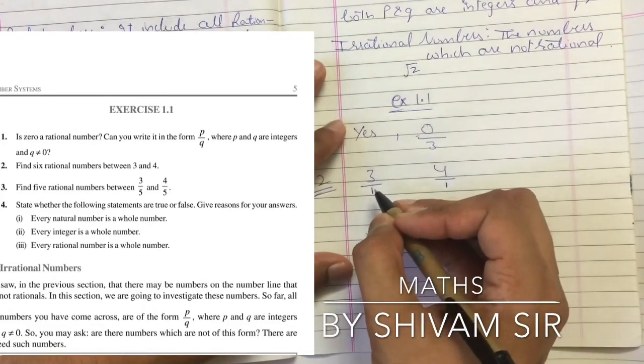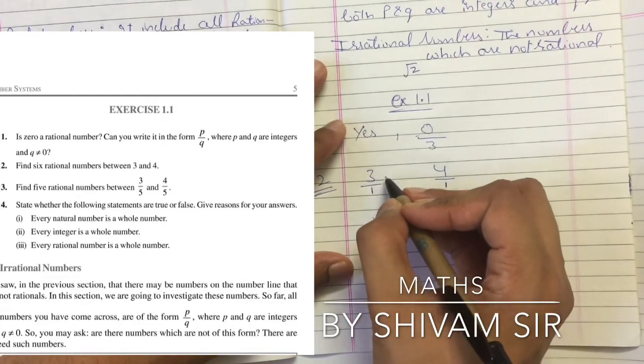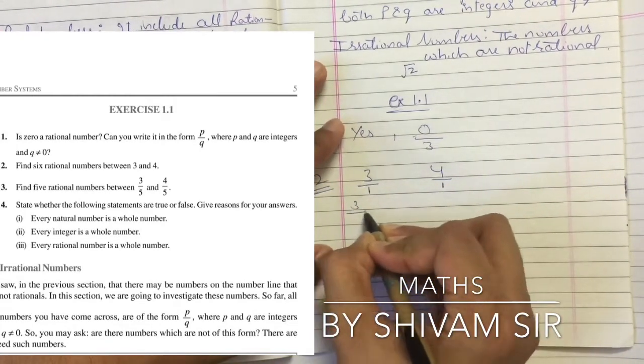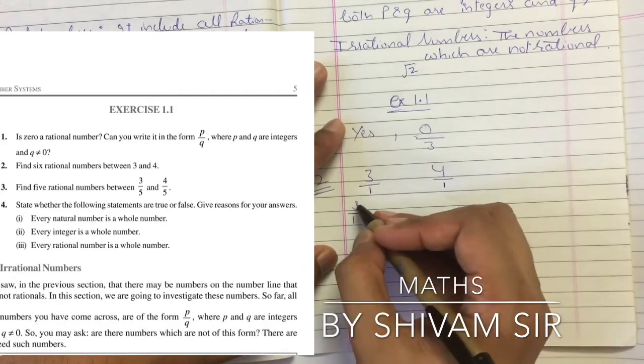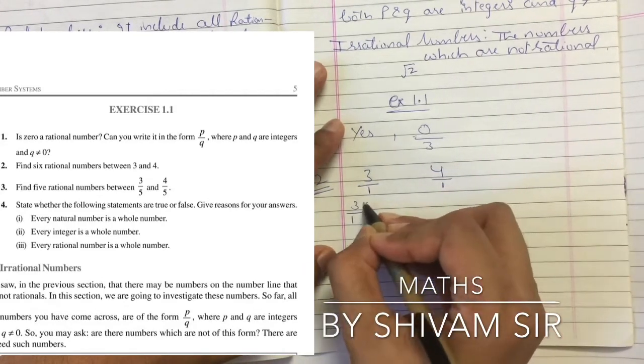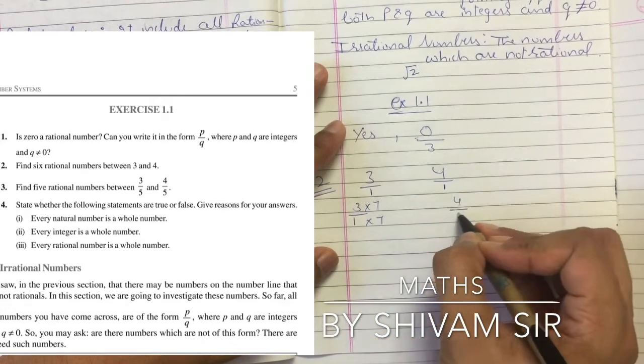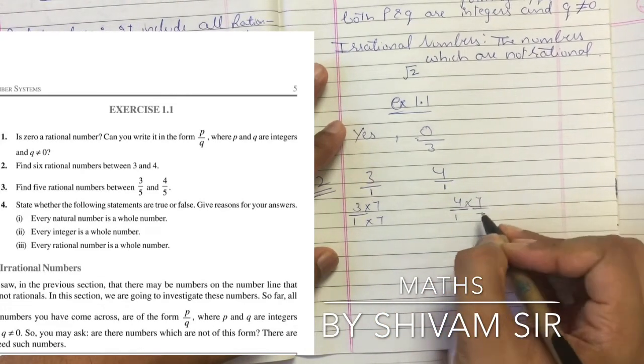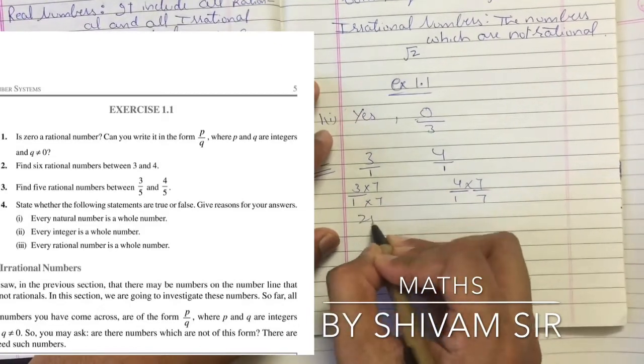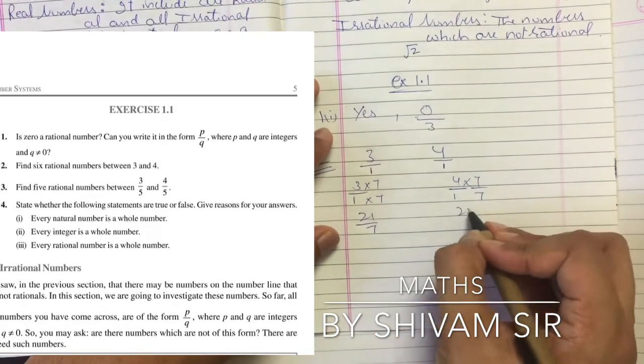Now we have to find 6 rational numbers in between, so multiply both the terms by one greater number, 7 and 7. Multiplying numerators and denominators by 7, 7 times 3 is 21 upon 7, and here we have 28 upon 7.